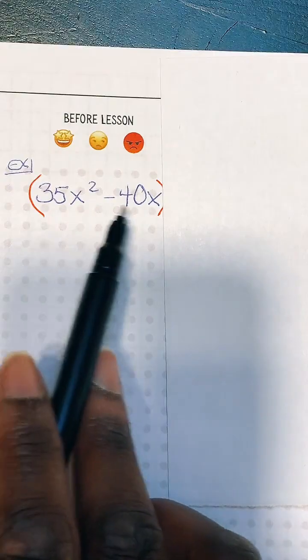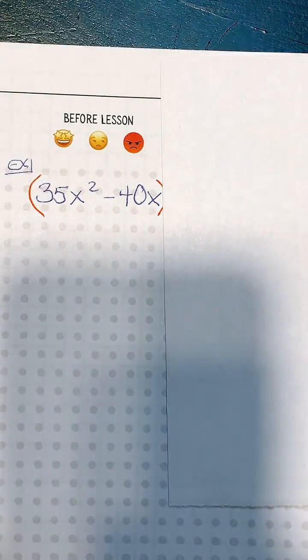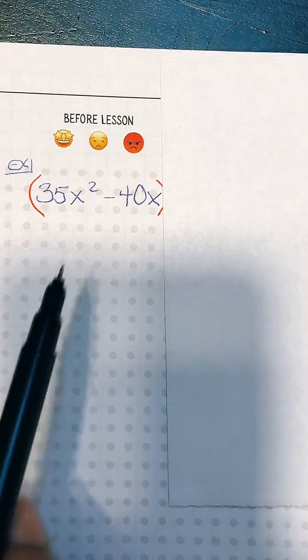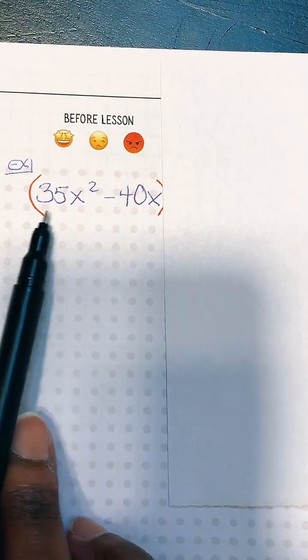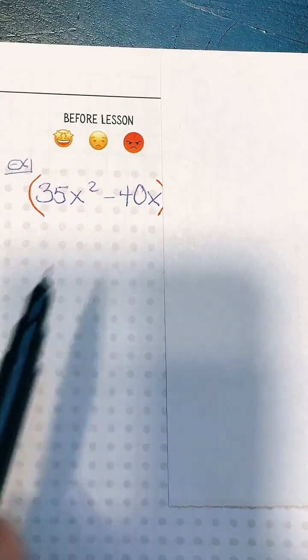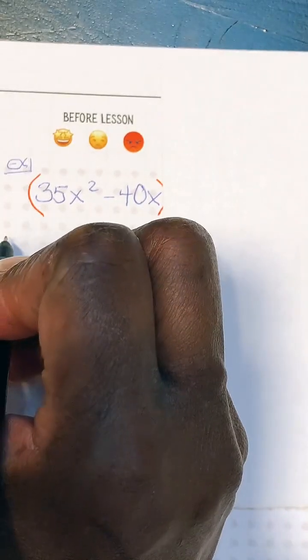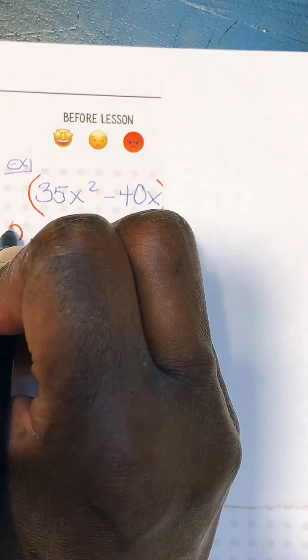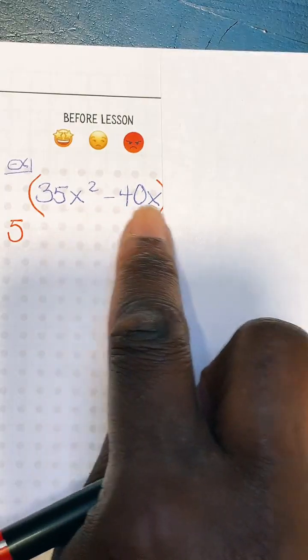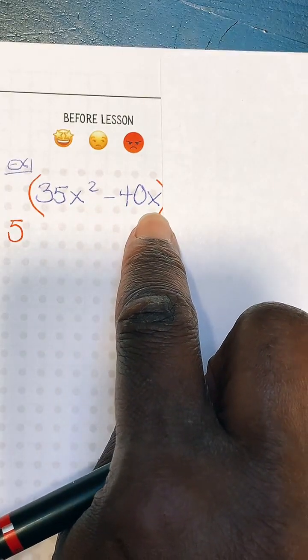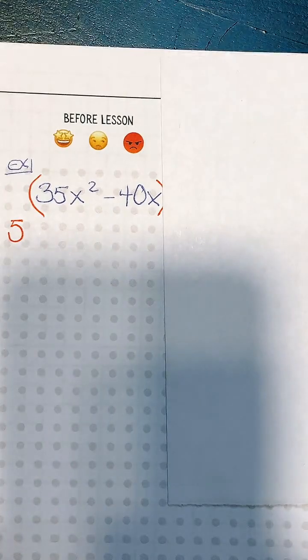So 35 and 40. What is the greatest common factor? Okay. The greatest common factor that 35 and 40 have won't be 7, but it's actually going to be 5. So we got our 5s. So now I have 2 x's and I have 1 x. So how many x's in common?